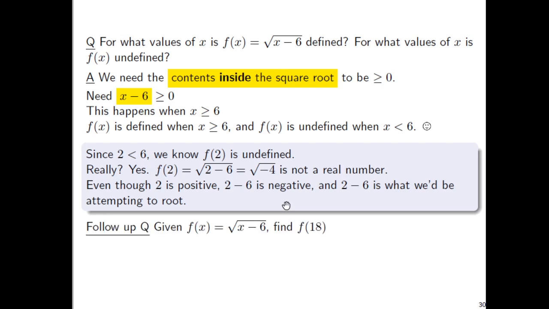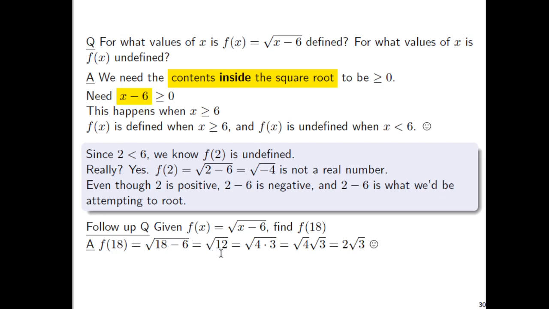Follow-up question, given the same function, f of x equals root x minus 6, let's find f of 18. So taking the formula at the top, replacing both x's with 18, you have f of 18 equals root 18 minus 6. Simplify the arithmetic inside, so we have root 12.